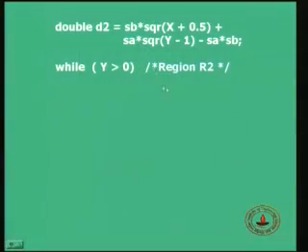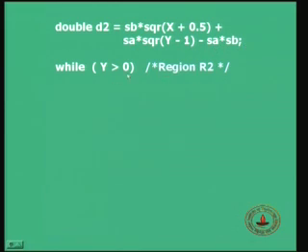So, use that functional form in this algorithm to get the starting value of d in region 2. d2 is the initial value of the decision variable in region 2, and x and y are the last point in region R1. So, it is basically b square multiplied by x plus half square, plus a square multiplied by square of y minus 1, and of course minus a square b square as usual.